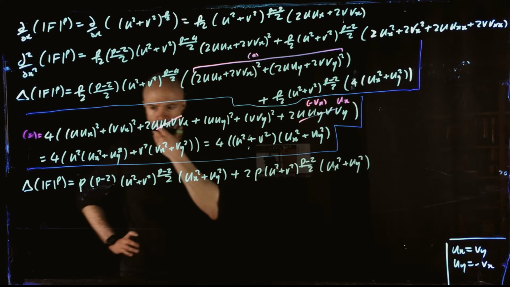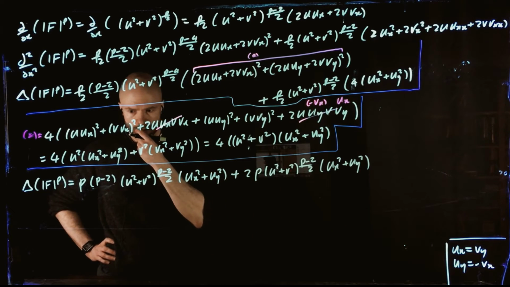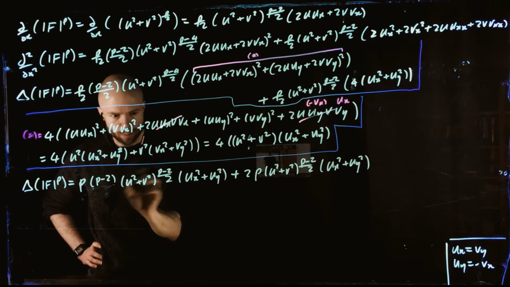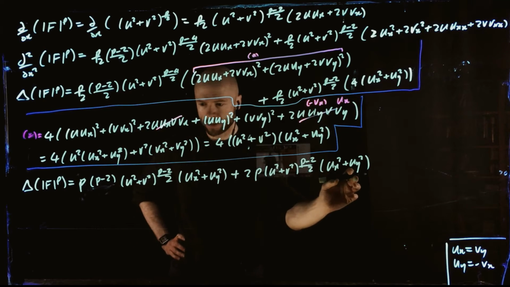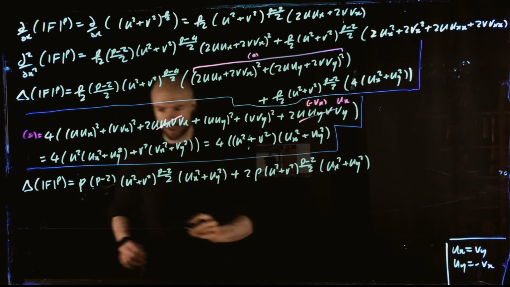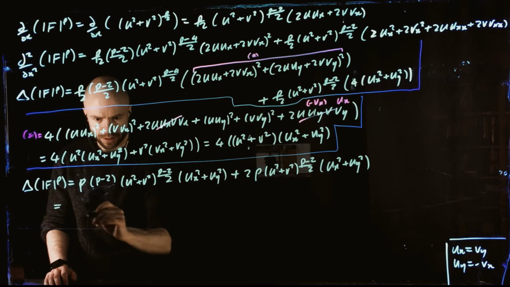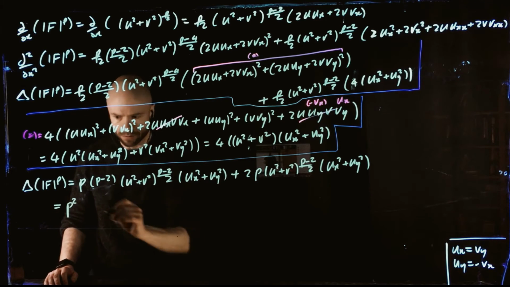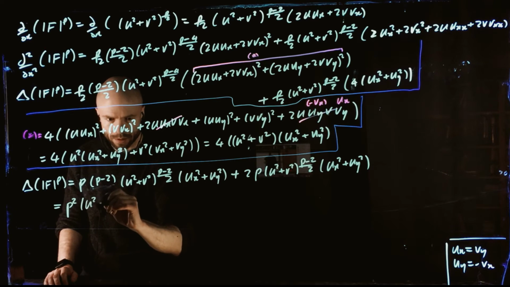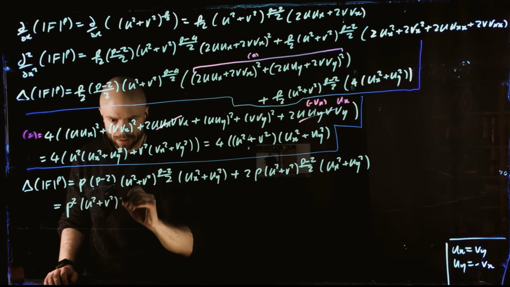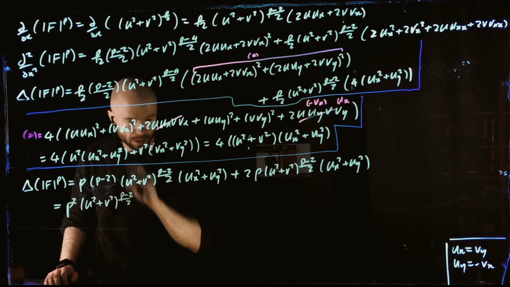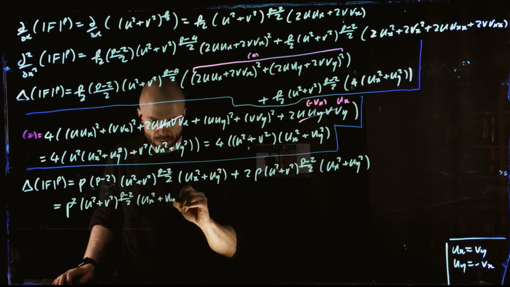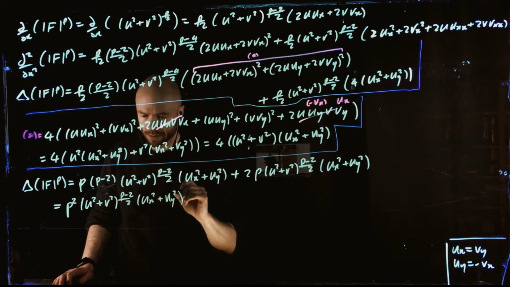And then we can put stuff together, because we have a minus 2p of this stuff and then a 2p of this stuff. So this thing nicely simplifies to just p squared of u squared plus v squared to the p over 2, like this, u of x squared plus u of y squared, like this.